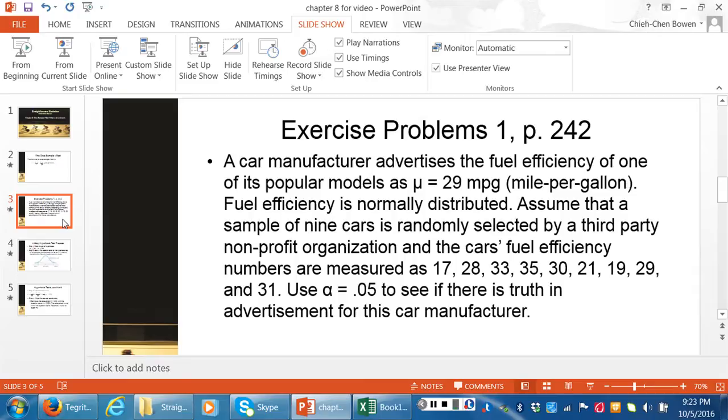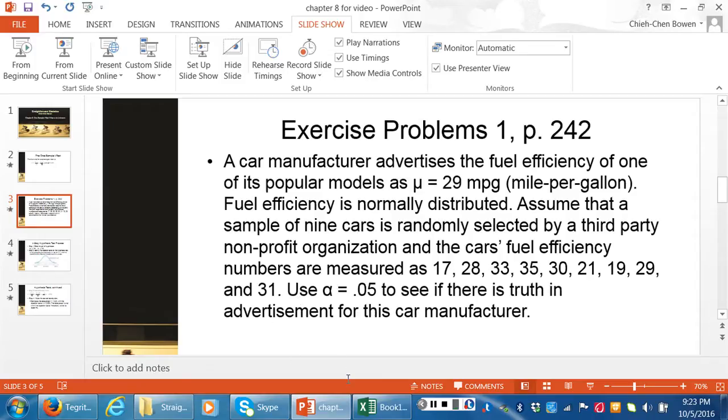Assume that a sample of 9 cars is randomly selected by a third-party, non-profit organization, and the cars' fuel efficiency is measured as these 9 numbers presented here. Use alpha equals 0.05 to see if there is truth in the advertisement for this car manufacturer.